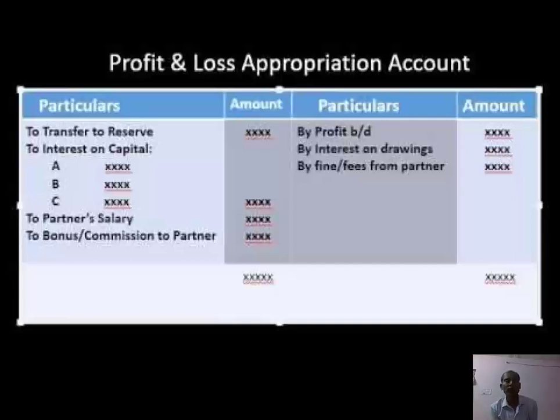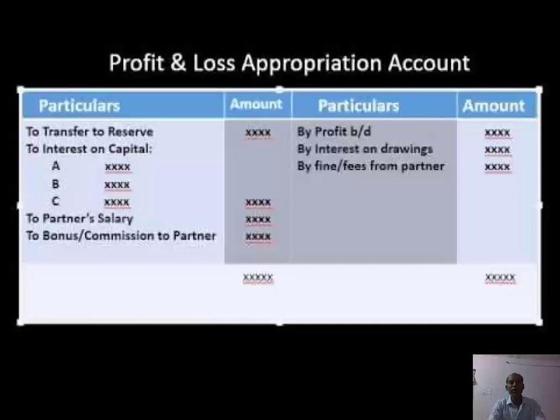And if you go to the debit side, transfer to reserve, it's okay. We transfer some amount to the reserves, and to interest on capital. Yes, this is expenditure to the firm. Interest on capital is expenditure to the firm.